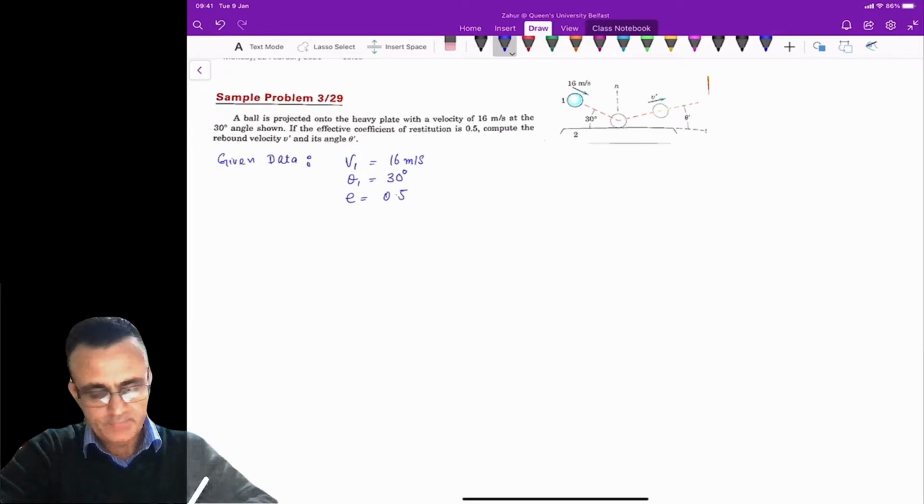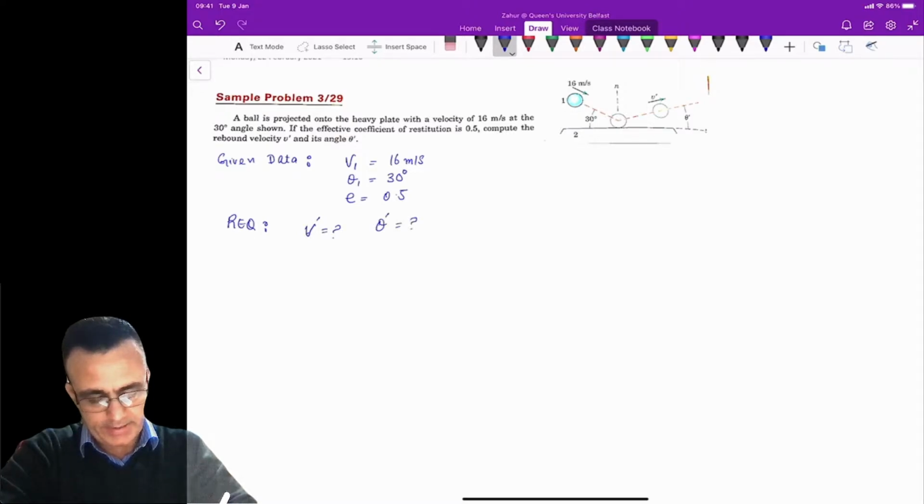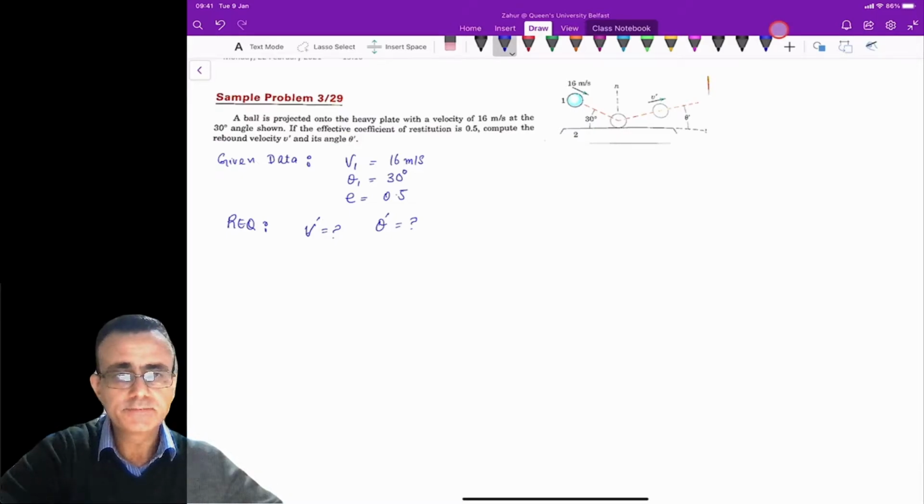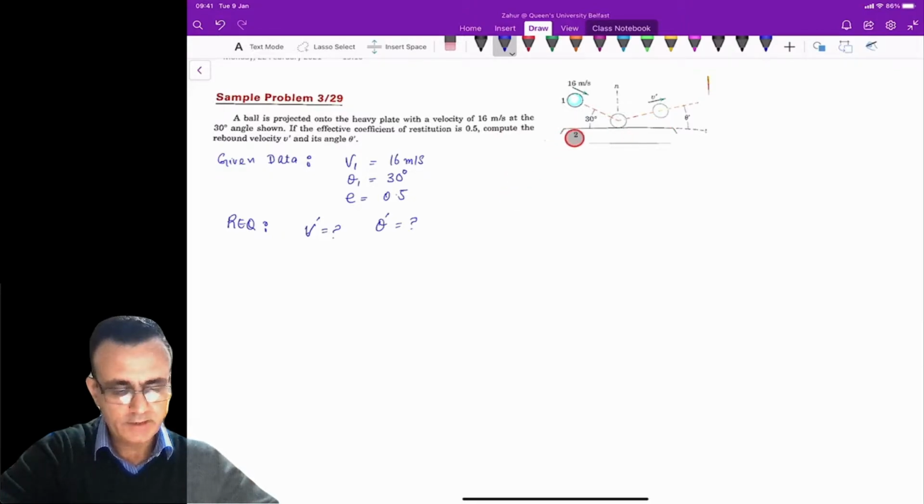What you need to calculate is v dash, and also the angle associated with this velocity, theta dash. As you can see, this is a heavy plate and the ball is coming in this direction here.